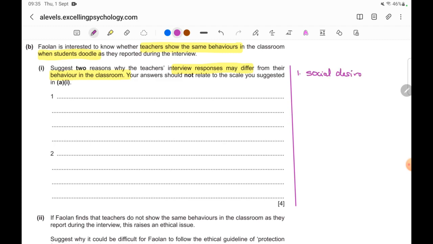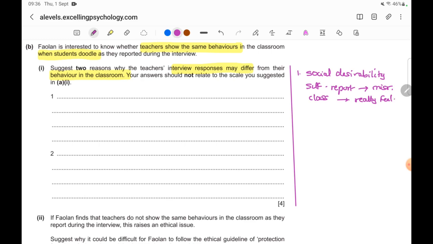On the scale, because it's a self-report method, very directly they could understand what impression they are creating by selecting a certain answer. So they might have misreported on the scale deliberately to create a favorable impression. Whereas in the classroom, when it comes to observation, they tend to show what they really feel. That time they are not in control.